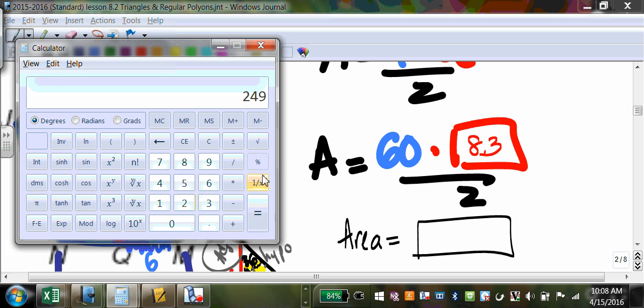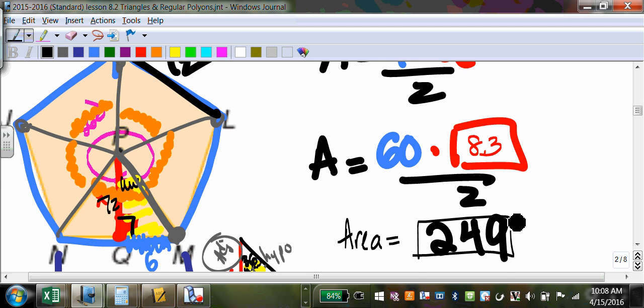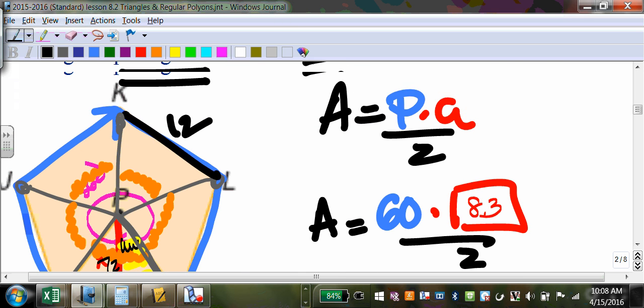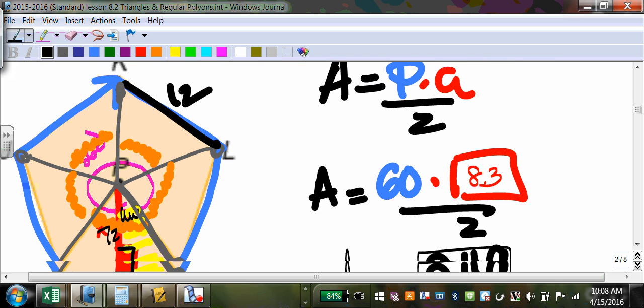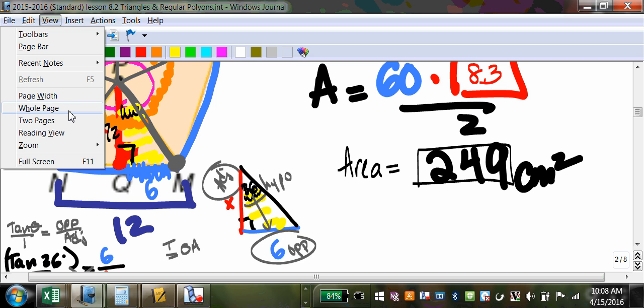We good? Okay. Now, the key to this whole problem is what did you do? Whoops, don't forget units. What were your units? Centimeters? And it's going to be centimeters. What, Sam? Bingo. Okay, now hold up 3 fingers. The main question is here. When you don't know the apothem, what do you do?